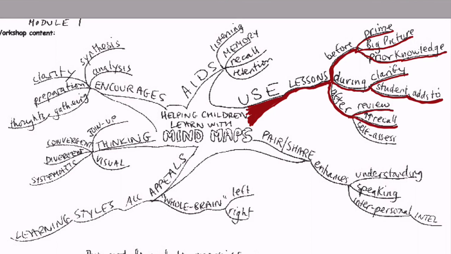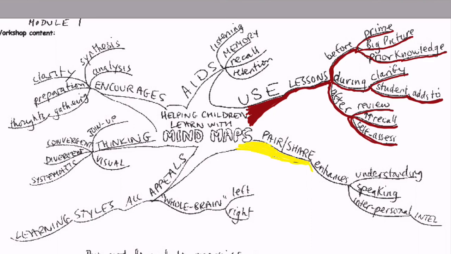So in other words, the teacher can go through the mind map with them as a review at the end of the lesson, as I'm doing at the moment with you reviewing this module, but also the students can go through the mind map themselves in their own head, or pair share. They can pair up with another student, and between them they can assess how much of the lesson they have actually absorbed.